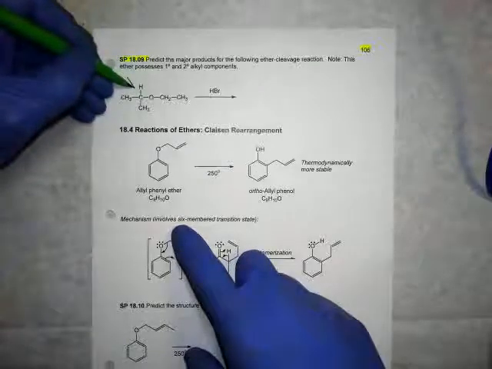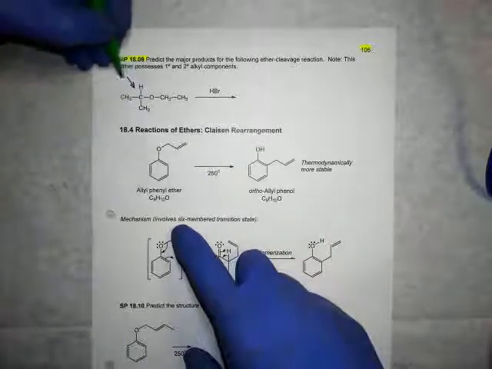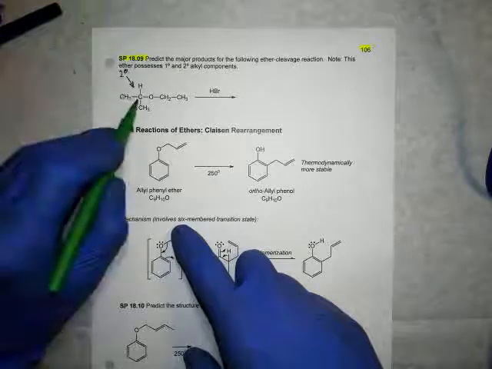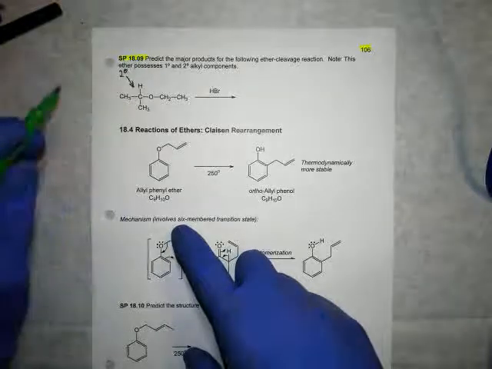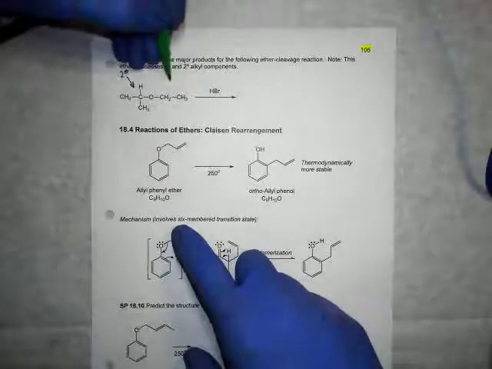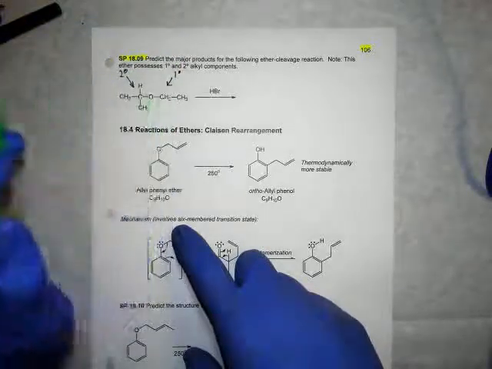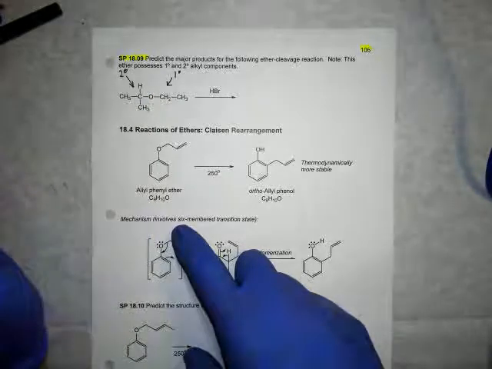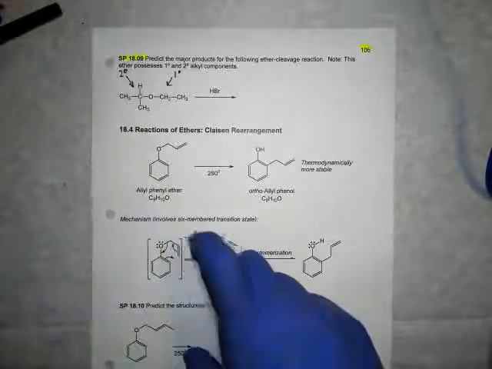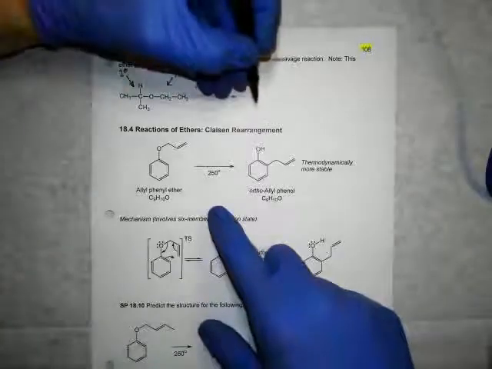So as you can see, this is the secondary component of the ether because this carbon has two carbons attached to it directly. And obviously this is the primary component because this carbon has only one carbon attached directly to it. So what's going to happen here? If we use the reaction at the bottom of page 105 as a model for what's taking place, then we should be able to predict with great clarity what's going to transpire.